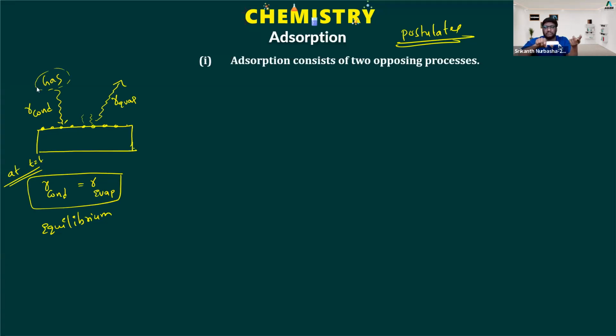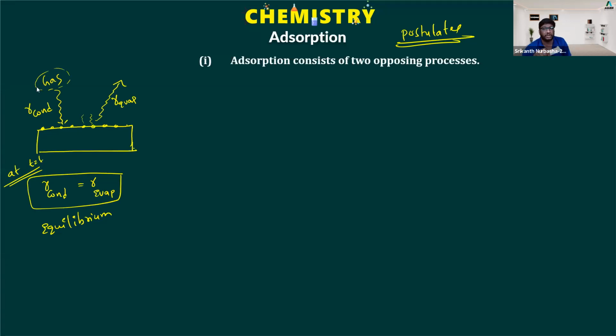Rate of adsorption or rate of condensation depends upon the surface area available for adsorption. Yes or no? It depends upon the fraction of surface area which is free, so that the adsorption can occur.